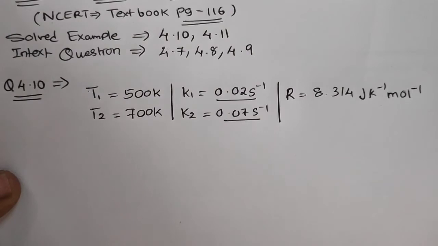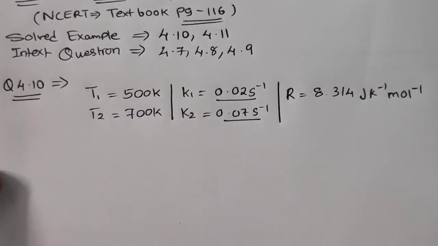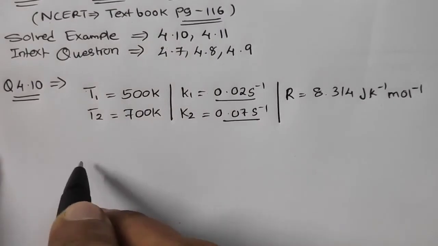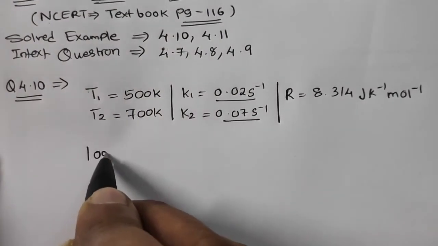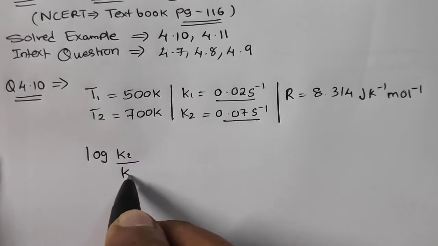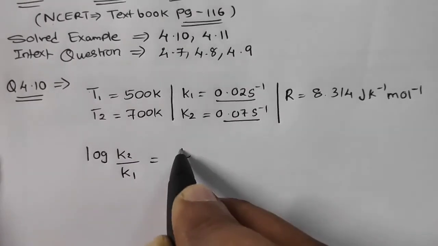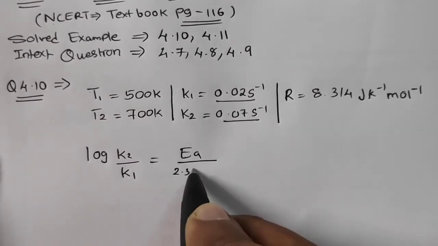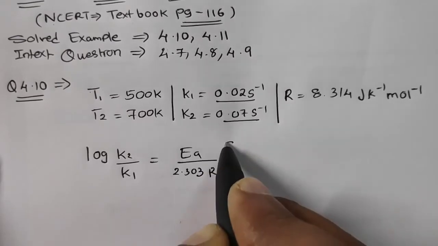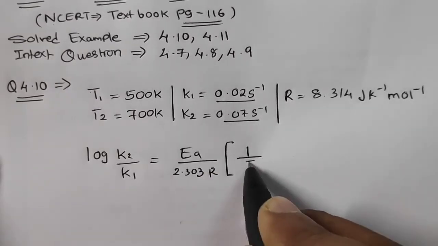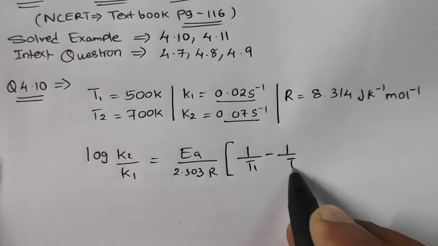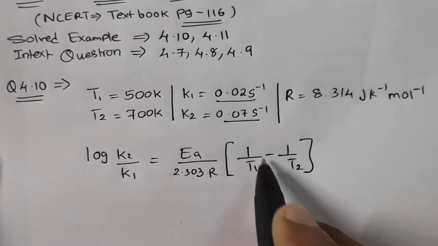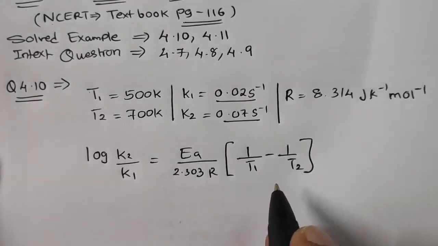Now we know the formula. If you remember, the formula was log K2 upon K1 is equal to EA upon 2.303 R into bracket 1 upon T1 minus 1 upon T2. You can take LCM and do cross multiplication also.